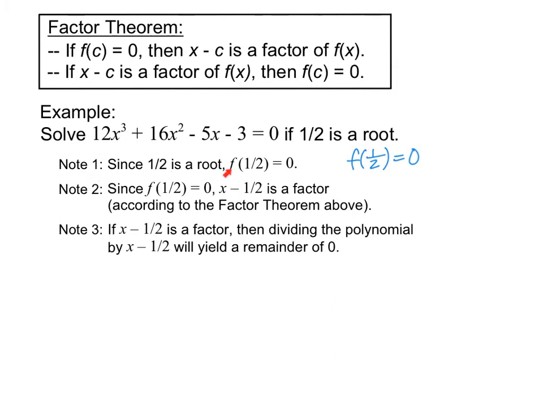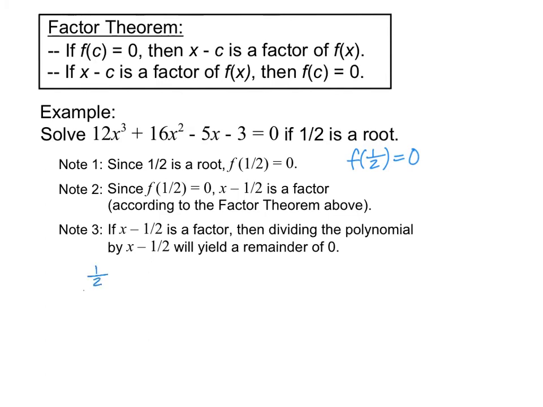Since 1/2 is a root, f of 1/2 is 0. Now immediately look up at the factor theorem. That means that x minus 1/2 is a factor. Now if x minus 1/2 is a factor, that means that dividing the polynomial by x minus 1/2 will yield a remainder of 0. So let's verify that.